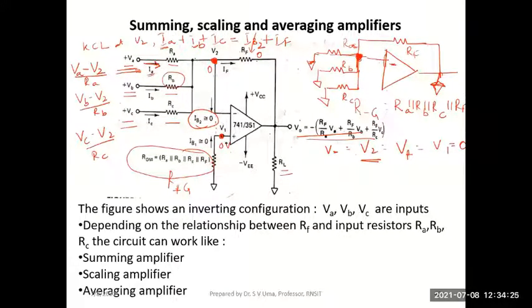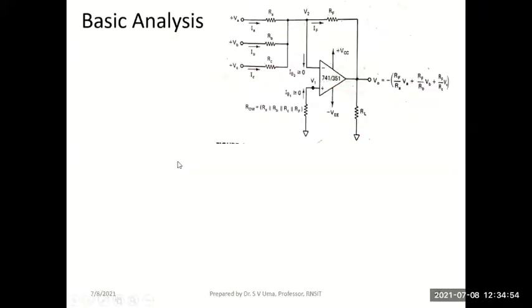So since V1 is grounded, which is 0 volts, we know the very high gain of the op-amp creates a virtual short circuit between the two input terminals. It causes V2 also to be at 0 potential. Therefore, I can put V2 as 0 in all these places and substitute in this KCL equation. You will be able to simplify and get an expression for V0.